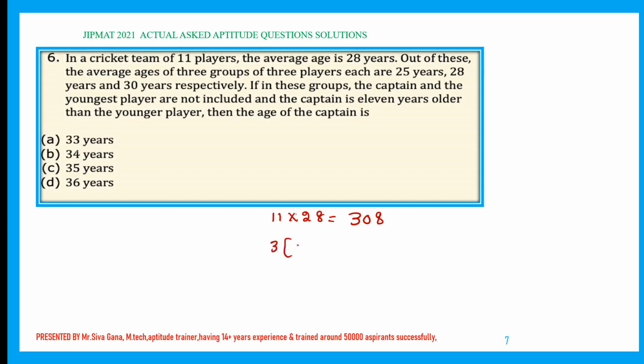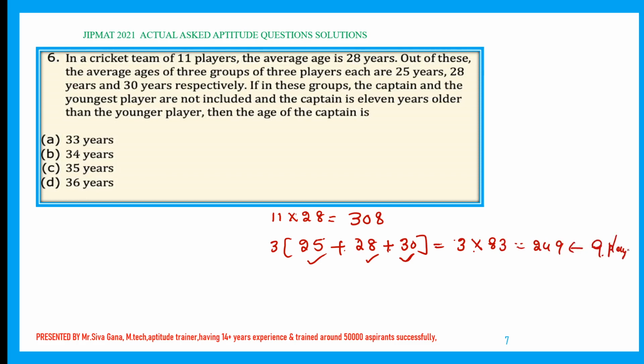One group of 3 persons, average age is 25. Another group of 3 persons, average is 28. Another group of 3 persons, average age is 30. Now which means these are 3 persons, these are 3 persons, these are 3 persons. That's why 3 into 25 plus 28 plus 30, which is nothing but 83. That's nothing but 249.